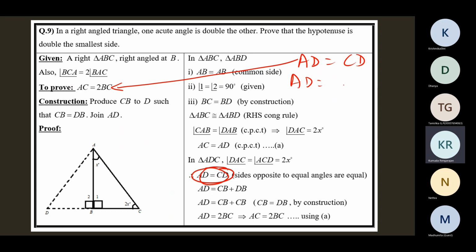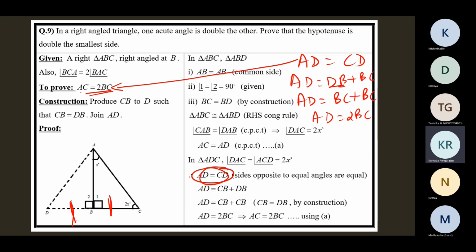So CD is nothing but DB plus BC. But we already know that DB is equal to BC by construction. So instead of DB, we'll say BC itself plus BC. So we got AD is equal to twice BC.